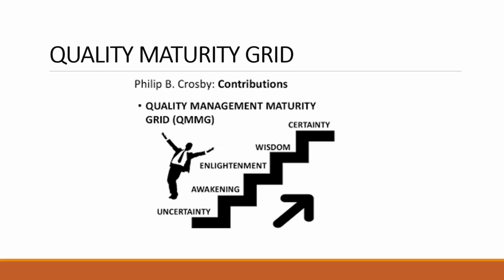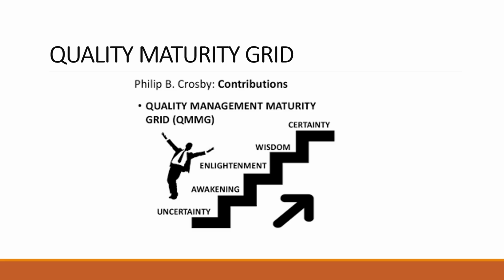Let us see the quality maturity grid according to Crosby. Different contributions are there. You can see from this image that it takes care of uncertainty, awakening, enlightenment, wisdom and certainty. These are the different keywords associated with the quality maturity grid. How does the company take care of the uncertainty of any situation?